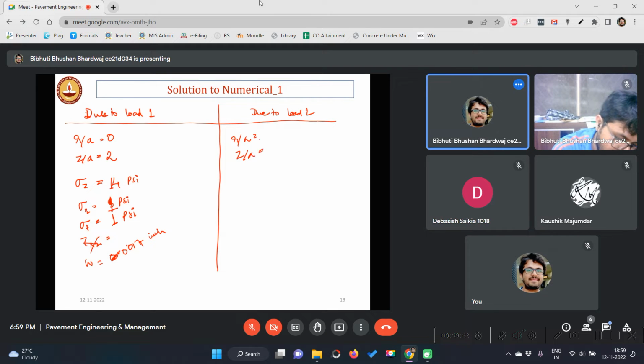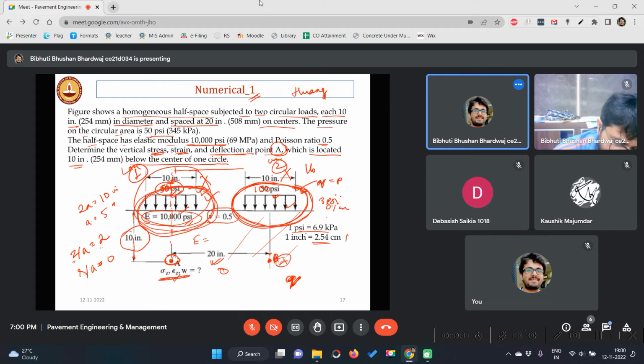And Z by A? Just tell me these two values. Due to load 2 at the same point A, what will be R by A?